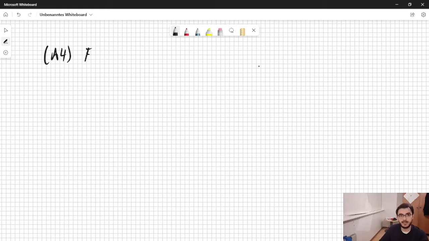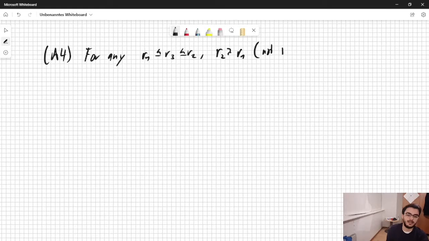It says that for any R1, R2 and R3 where R3 is between R1 and R2 and R2 is strictly better than R1, so this means that they're not equal, but R2 is better than R1, we can approximate R3 in some sense.